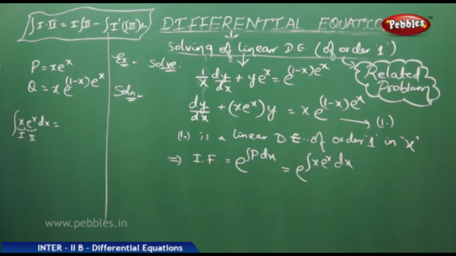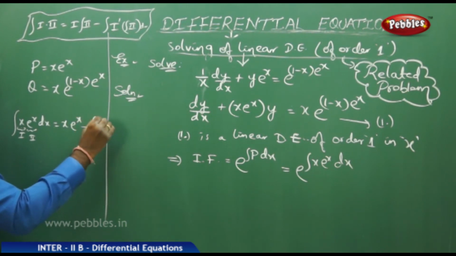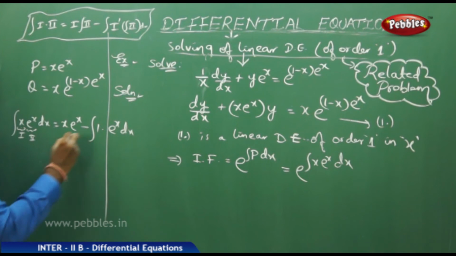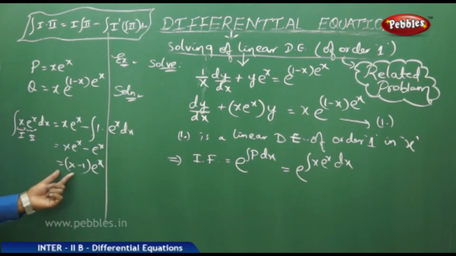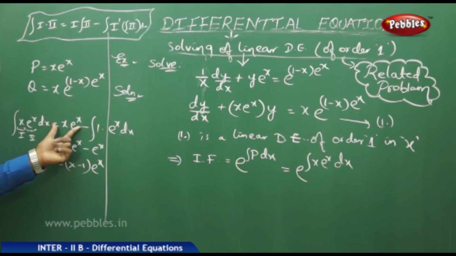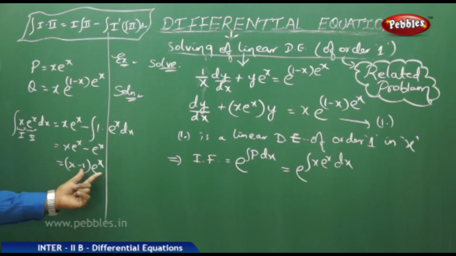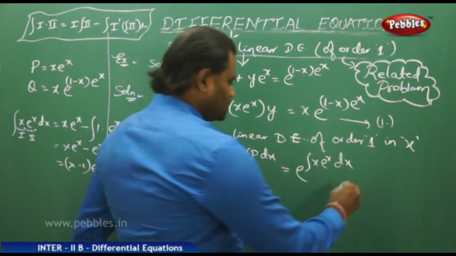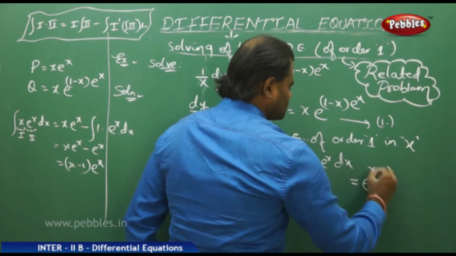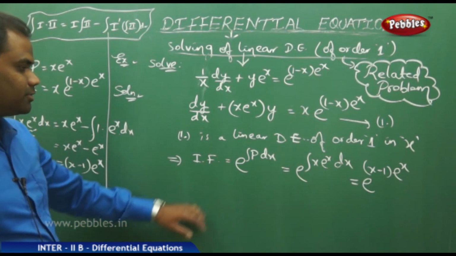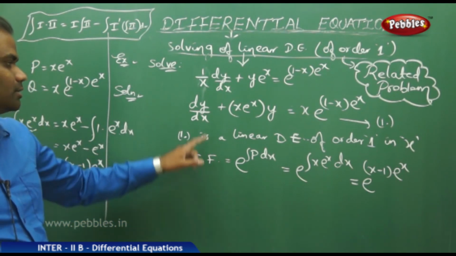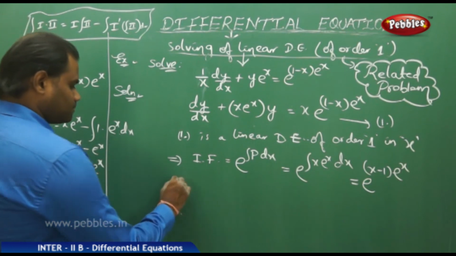Using the ILATE process, I get first function times integral of second minus integral of derivative of first times integral of second, which gives integral e power x, which is x minus 1 e power x. Therefore, this by integration by parts gives x minus 1 times e power x. Therefore, this is the integrating factor.